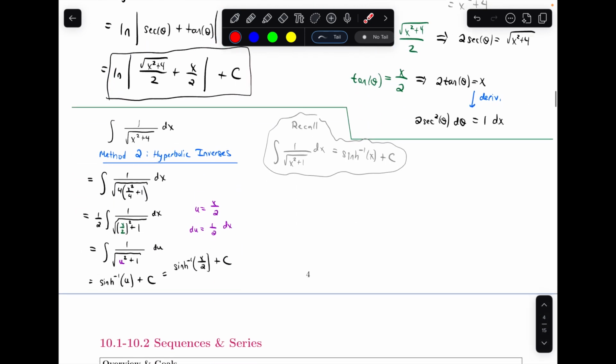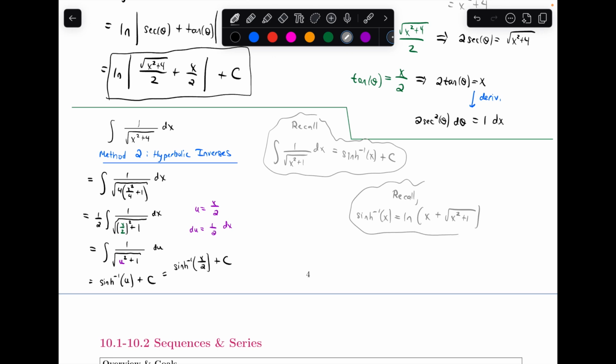It turns out they're actually the same if I use this identity for what hyperbolic sine is in terms of logarithms. So I'm going to recall we had shown this formula that our hyperbolic sine inverse of x equals ln of x plus the square root of x squared plus 1. We had shown this at some point during class.